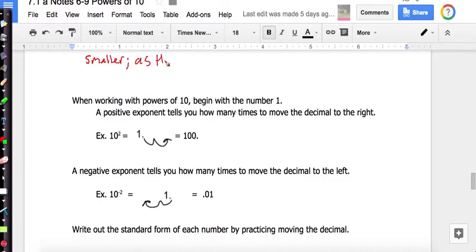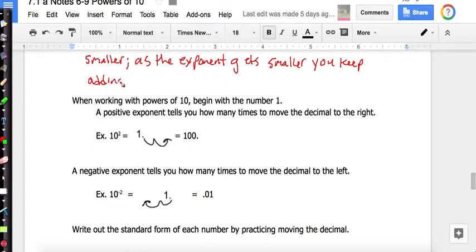As the exponent gets smaller, you keep adding a factor of 1/10 to multiply.